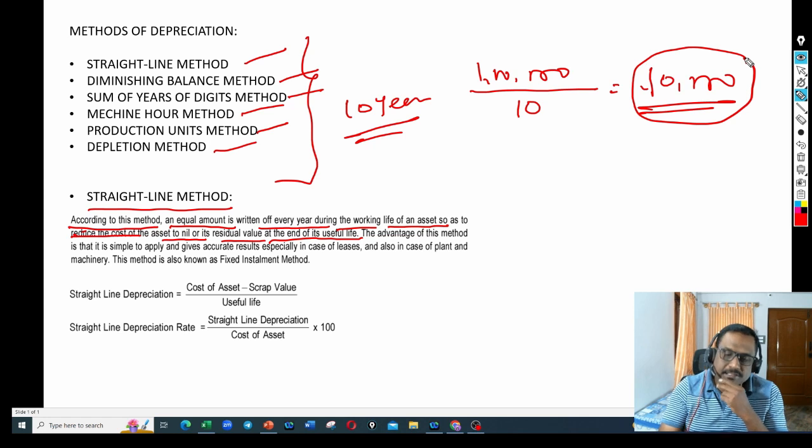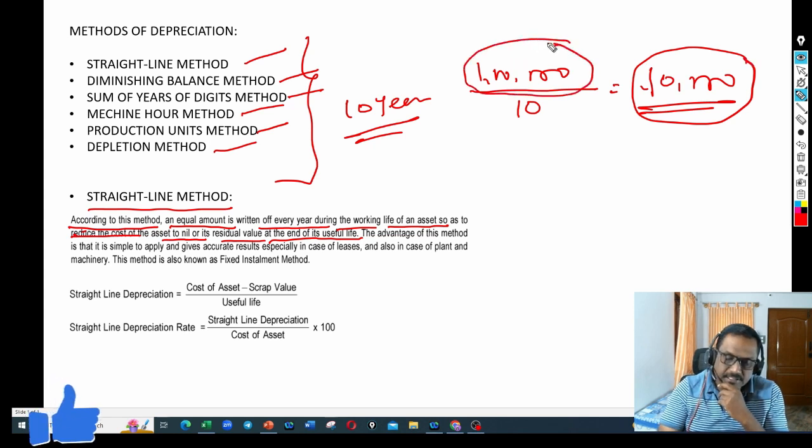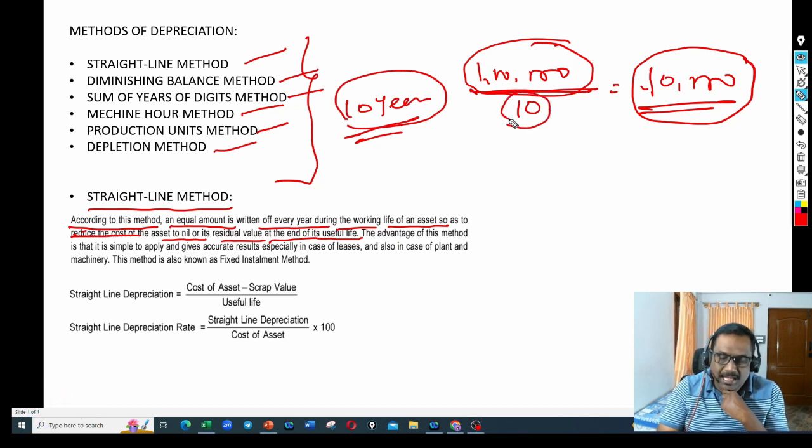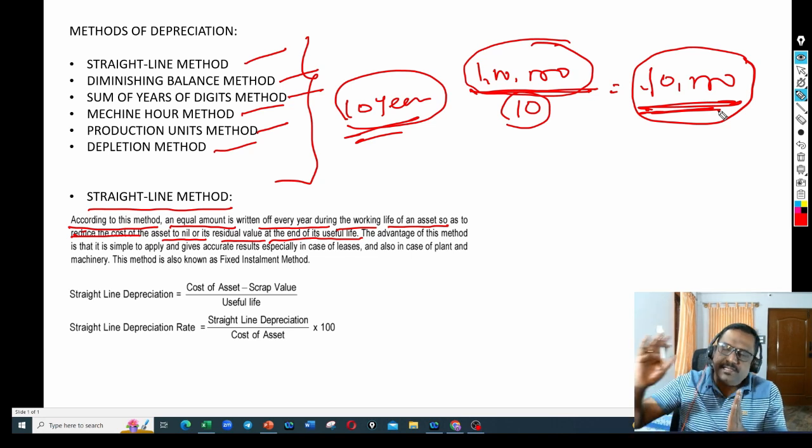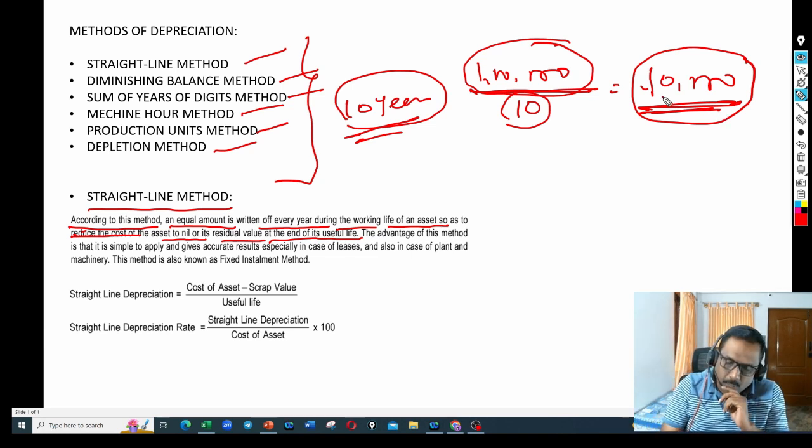How did we get this? We have taken the cost of the asset divided by the useful life of the asset. The useful life is 10 years, so 1 lakh by 10 is equal to 10,000. That means every year it is an equal amount. First year 10,000, second year 10,000, third year 10,000, till the 10th year we are going to write off 10,000 rupees every year. This is what the straight line method of calculating depreciation says.